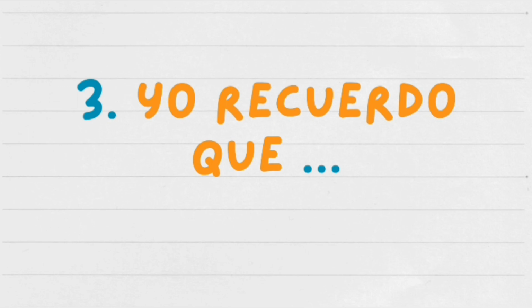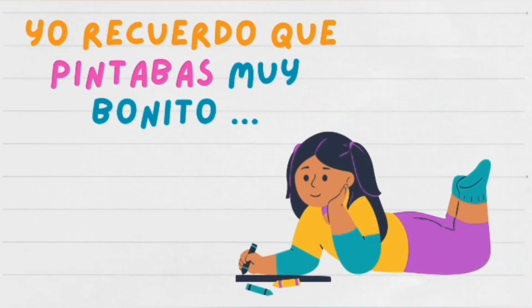All right, so now let's see case number 3. When you have this phrase, I remember that, which means yo recuerdo que, I remembered that. Let's see some examples with this phrase. So if you have this, I remember you painted very pretty. Yo recuerdo que, which means I remembered that.